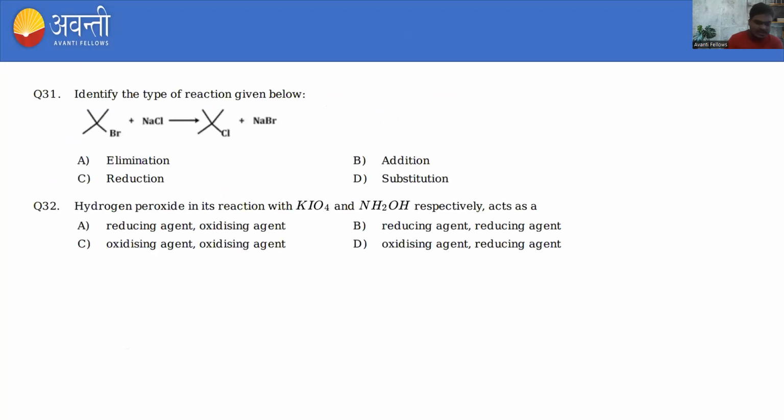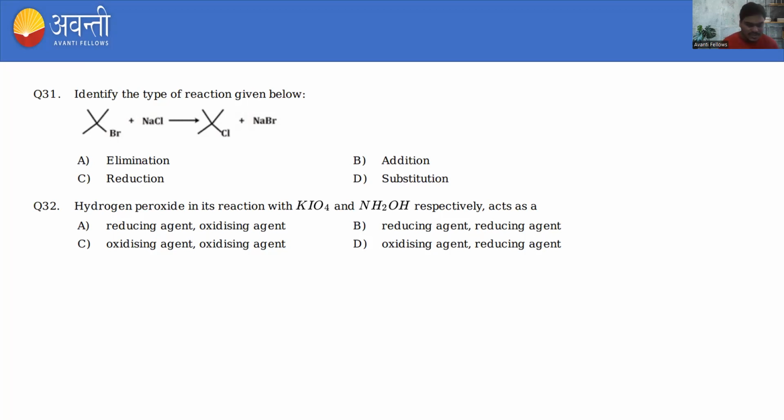Now, this one is also a very, very important question, that is, identify the type of reaction given below. So we have an alkyl halide. This will react with NaCl. So whenever the alkyl halide reacts with NaCl, what do they form? In this reaction, NaBr will be released and Cl takes the position of the Br.